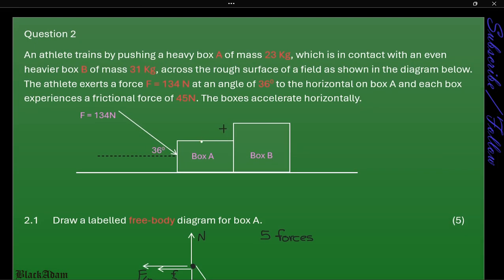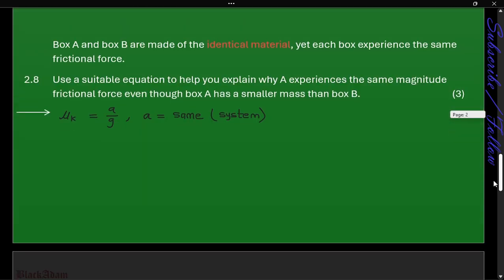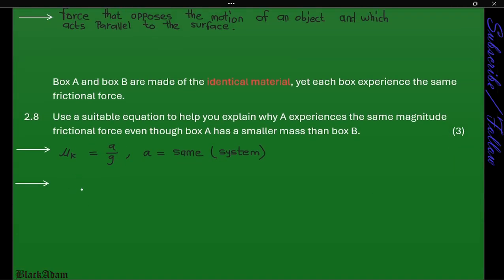So we have one system, which means the material is the same as we're told, and therefore the mass is combined, and the coefficient gives us the same value. So it has nothing to do with the weight of the material. It's just the material type, the different types of materials between the surface and the object on that surface.